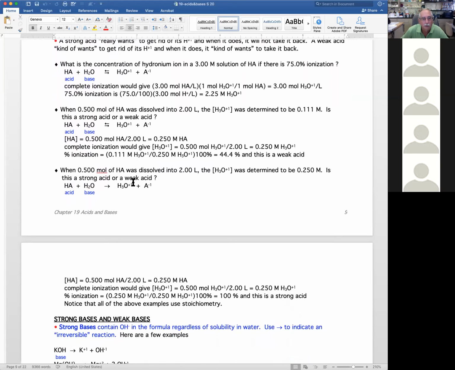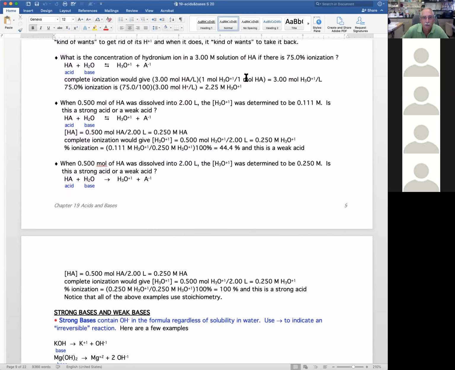So here's some calculations based upon percent ionization and whether it's a strong acid or weak acid. Again, strong acids will be 100% ionized. And of course, it's never going to be completely 100% ionized, but then we're going to get into uncertainty and significant figures and all that stuff.